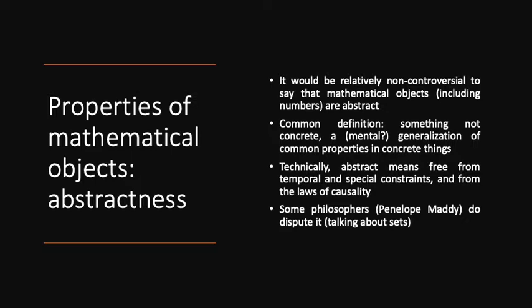We could go into a little bit more detail and try to explain what we mean by abstract. Intuitively, when you think of abstract, you are contraposing it to concrete. So something is abstract when it is not concrete, when it's not a specific instance of something or an object of something. It's more like the generalization, or perhaps the mental picture, the shared properties that certain objects have in common.